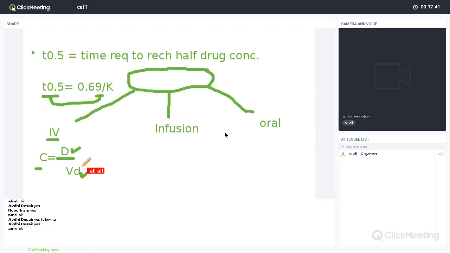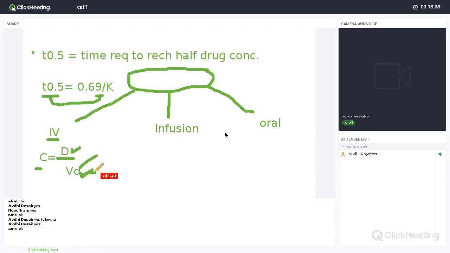By the way, the volume of distribution has four major categories, four indications for its values.